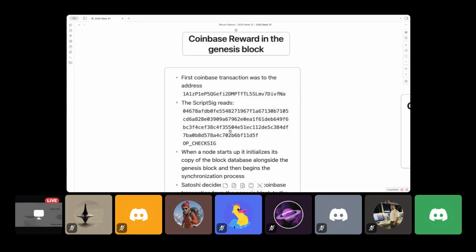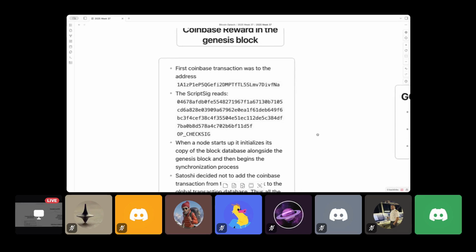It's a very simple script that locks the coins to the public key. If you look at it, it looks as though, if Satoshi returns, he can spend it if he has the private key.